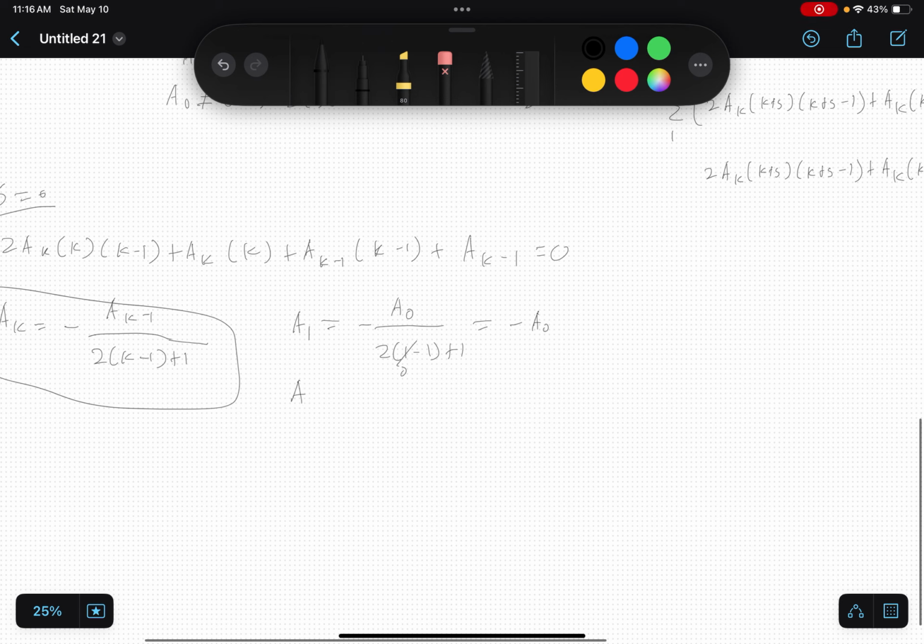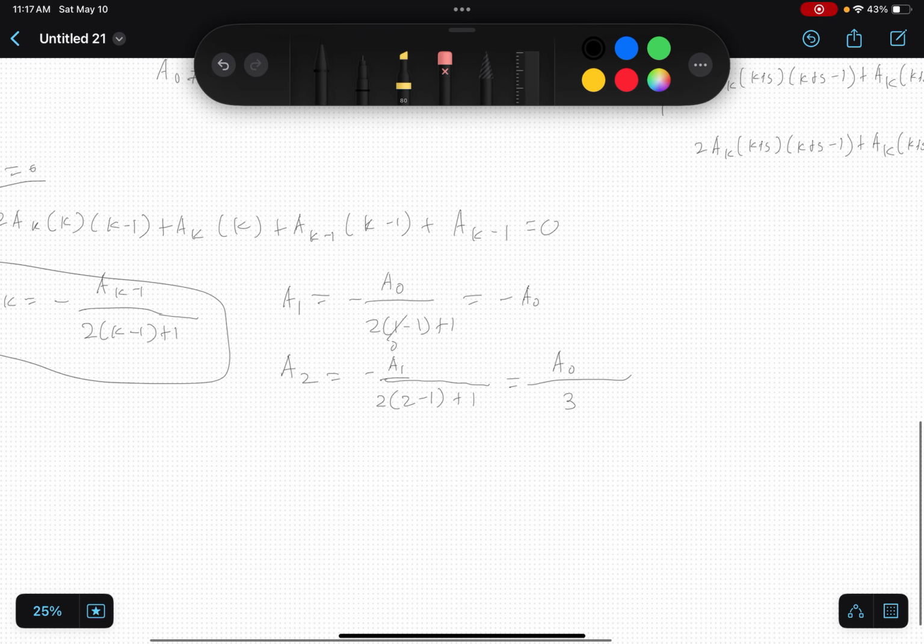And then a2 equals negative a1 over 2 times 2 minus 1 plus 1, which equals, and we also plug this in, so we'll have a positive a0 over 3? I think 3. Cool.